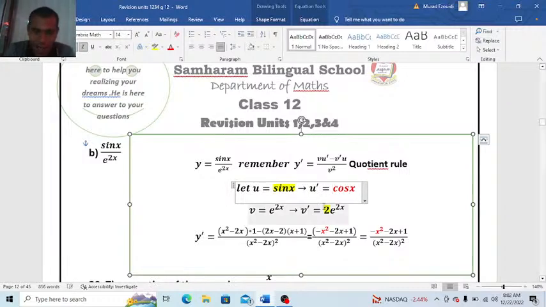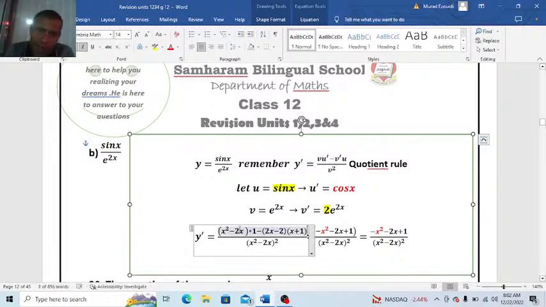Now to apply this, the first derivative of sine is cosine, so I write cosine x. I multiply v by u dash, and u dash is cosine, so I multiply exponential of 2x by cosine.